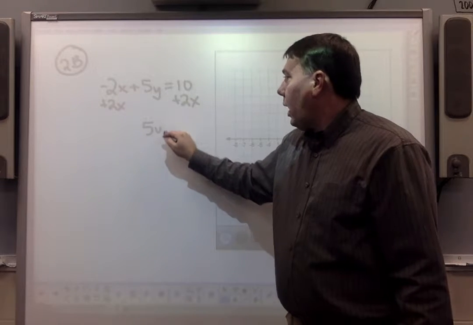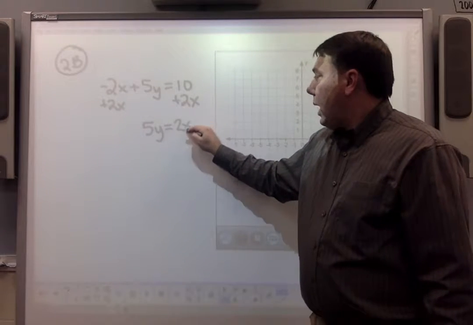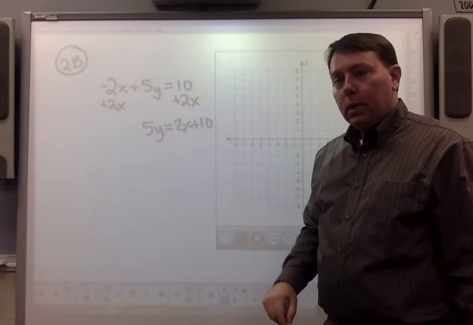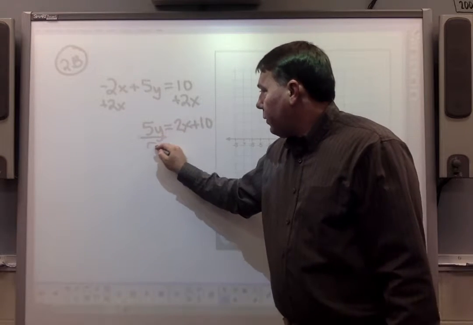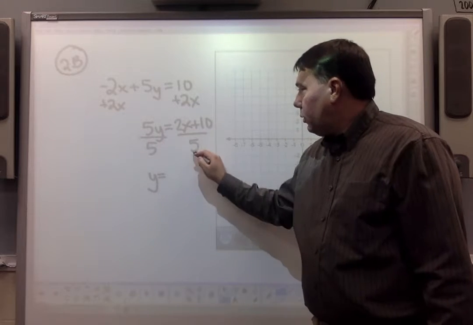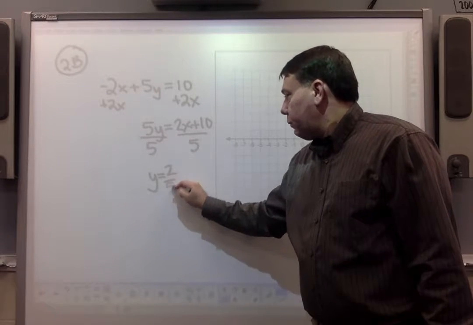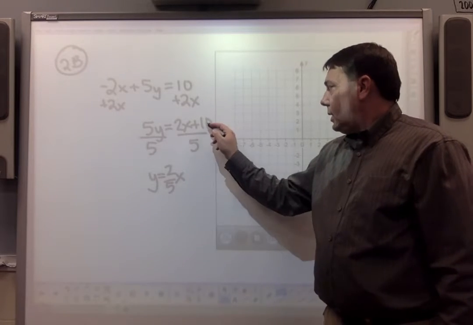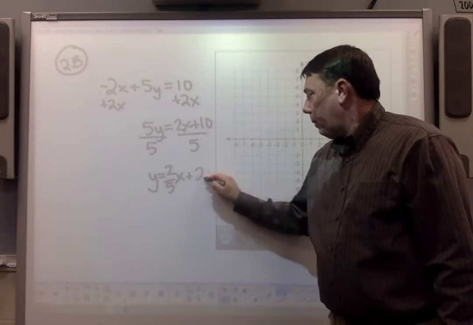We have 5y equals 2x plus 10. Then to get y by itself, we'll divide both sides by 5. So y equals 2/5 x. Leave that slope as a fraction. 10 divided by 5 is 2.